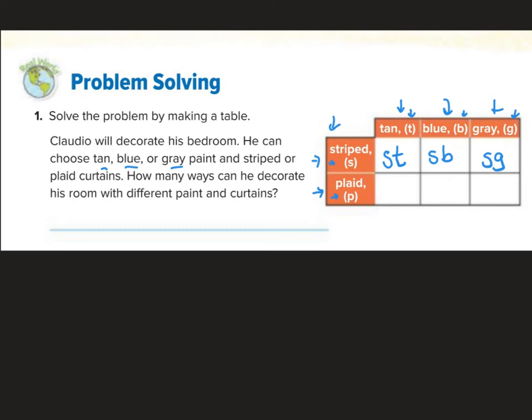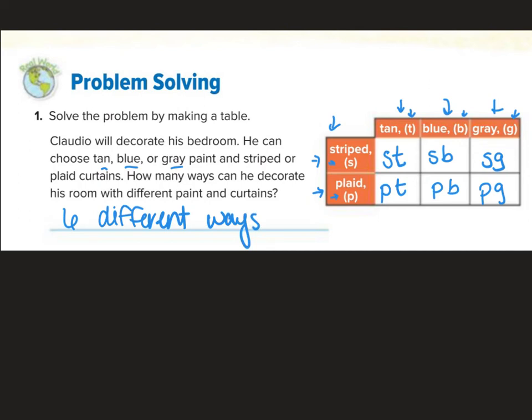So that means down here is always going to be P first. P, T, P, B, P, G. So how many different ways can he decorate his room with different paint and curtains? He can do it 6 ways. 6 different ways. And this one was on the homework.